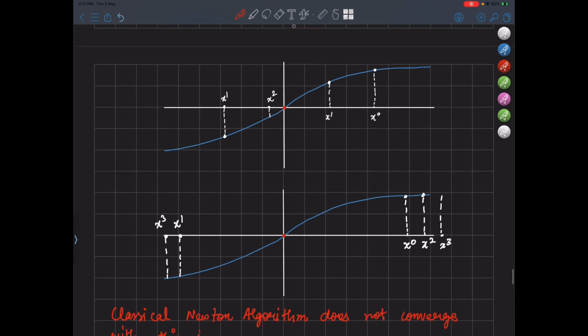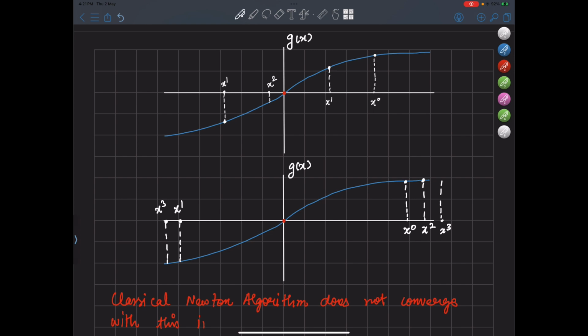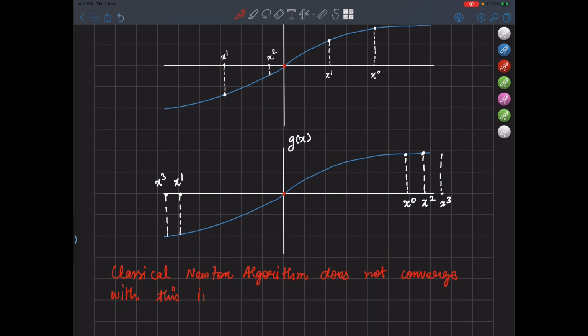Just to make sure, this is g(x). We saw this earlier also when we discussed optimization in single variable. This is what happens. So Newton algorithm has a problem of maybe being sensitive to the initial condition. It may converge faster, slower, or may diverge based on what initial condition you are choosing.